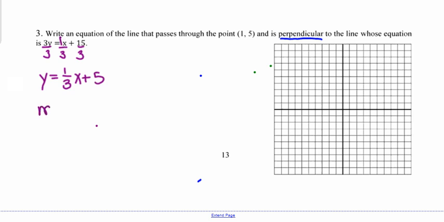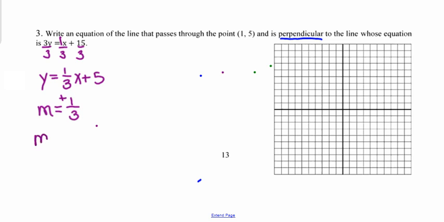So my slope here is positive 1/3. And just like I did before, I'm going to use m for slope, but now I'm going to use that little upside down T in the subscript, meaning the slope of a line that's perpendicular. Well, this line has a positive slope, so my negative reciprocal is going to have to be a negative slope. And then I'm simply going to flip the numerator and denominator of my fraction, making that perpendicular slope equal to negative 3.